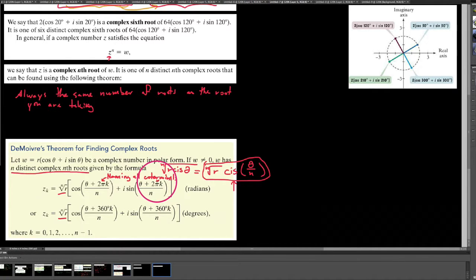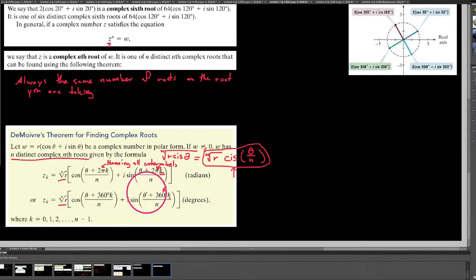Because we know that if we were to rotate 2 pi radians or 360 degrees and any multiple of that, where k is specifically starting at 0 and going up to 1 less than the root we're taking, then really all we're doing is saying that our argument is being divided by n, but we have to add on multiples of a full rotation.